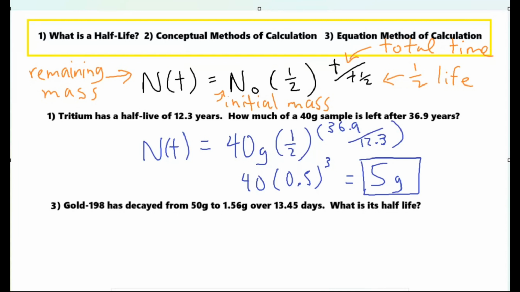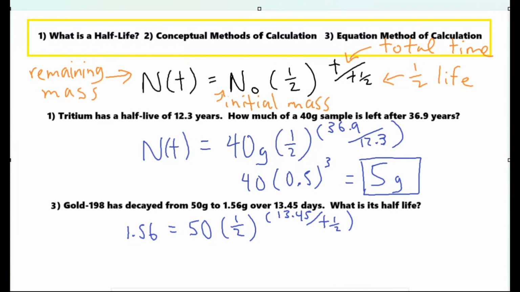For number 3, this one doesn't work out quite as nicely, and you'll see why in a moment. So we have the final remaining mass, the 1.56. We have 50 grams times 1/2 raised to the power of 13.45 divided by the half-life.